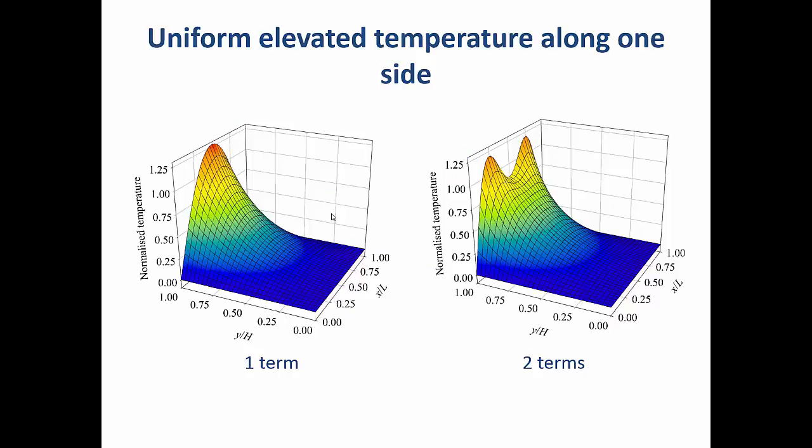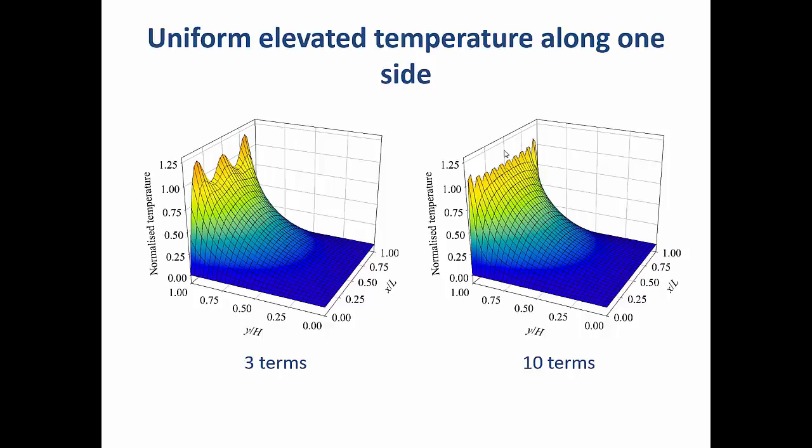Now, just to see if this works, this shows us what the temperature distribution would look like if we only took the first term of that summation. Clearly that's not a very good approximation to a uniform temperature along the top edge. If we add the first two terms, things look a little better, and if we then go to 3 terms, they look better still. 10 terms is further improved, although we're now seeing some apparent bumps here, which are due to the fact that the mesh I've taken is not particularly fine.